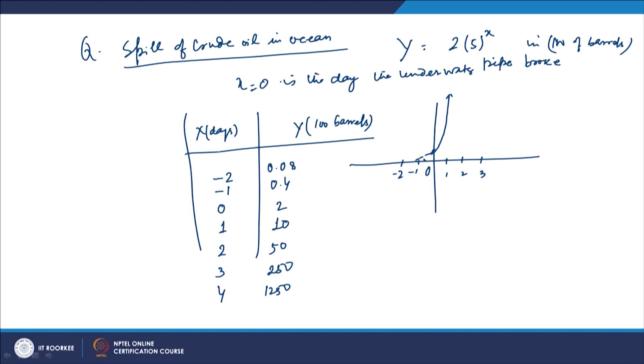This way, if you go back, it will keep moving towards 0. These are the types of growth curves we normally come across in financial cases, and you can predict what the spillage will be as time progresses.